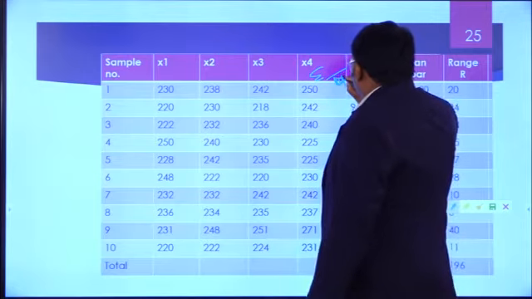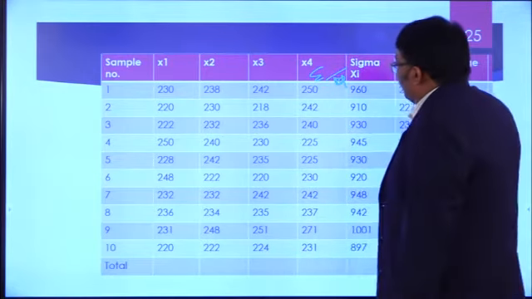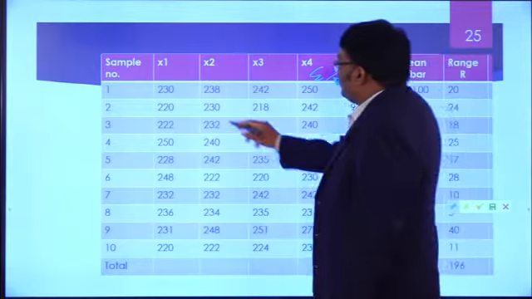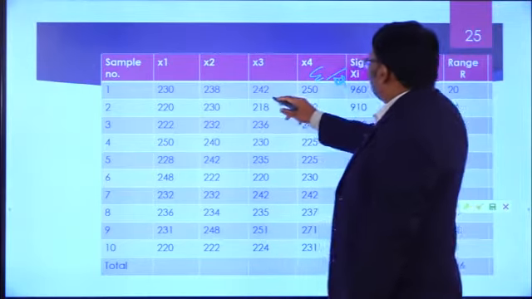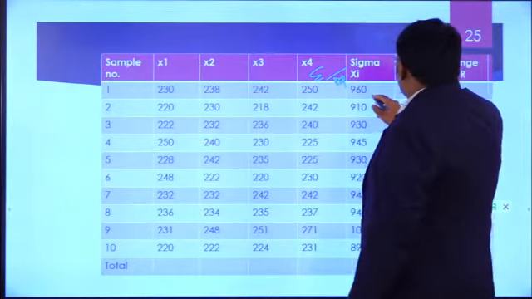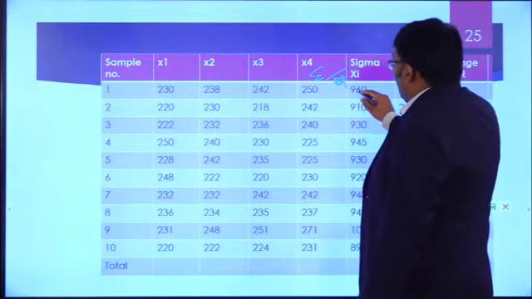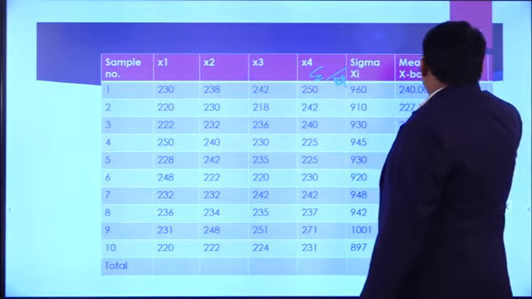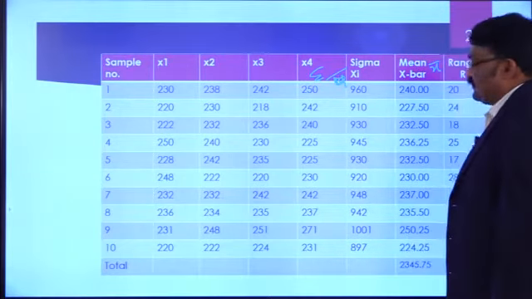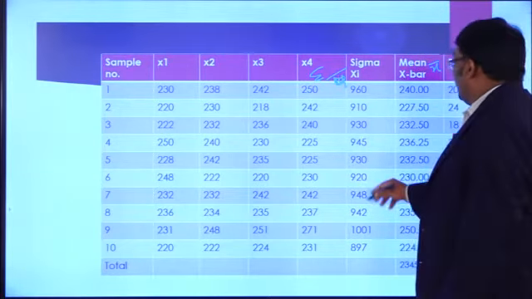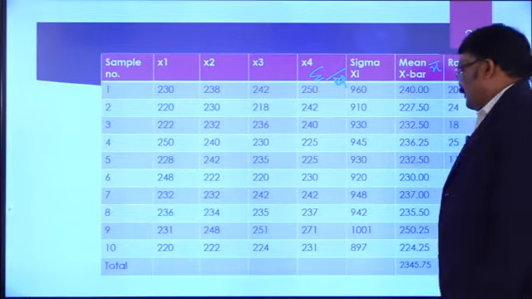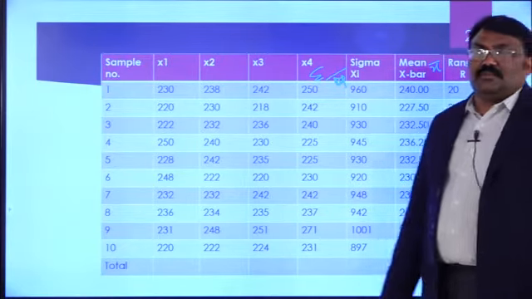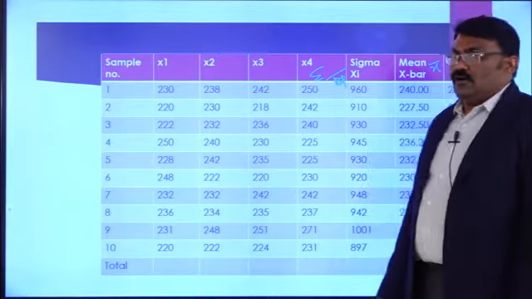So, 230 plus 238 plus 242 plus 250 equals 960, that is the sigma value, divided by 4 will give the x bar value. Similarly, we need to calculate for all of this.